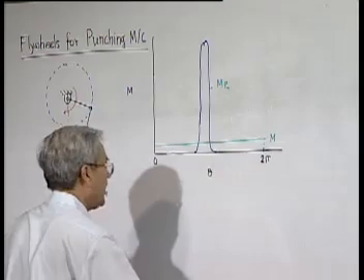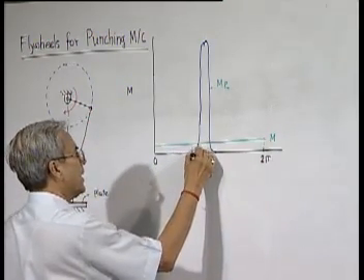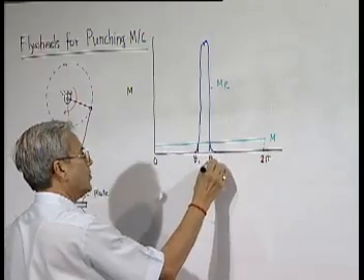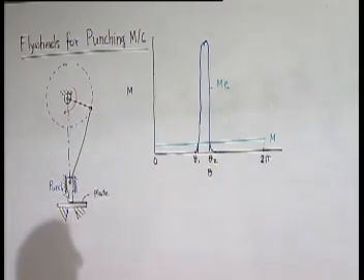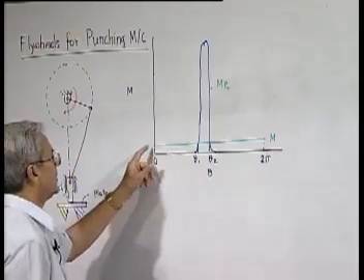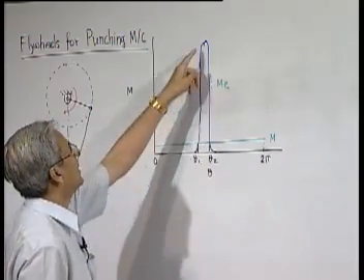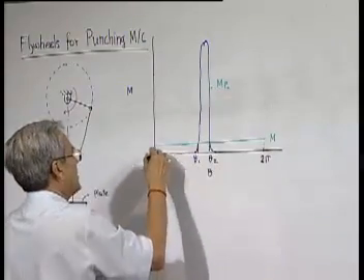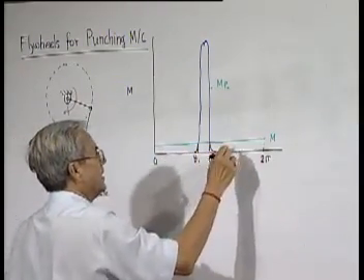So here what we find is that during this period, say theta 1 and theta 2, the energy here, this area, must be equal to the area this and this.